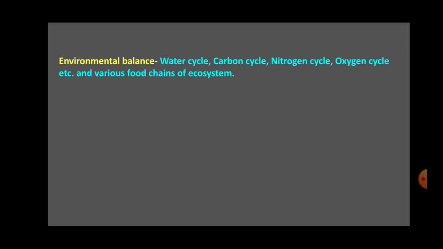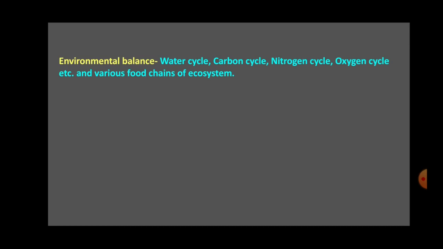Then the carbon cycle, nitrogen cycle, oxygen cycle, etc. These gaseous cycles, and also the various food chains of the ecosystems, are very essential to maintain the environmental balance. Now, what will happen if there is no carbon cycle, nitrogen cycle, oxygen cycle?